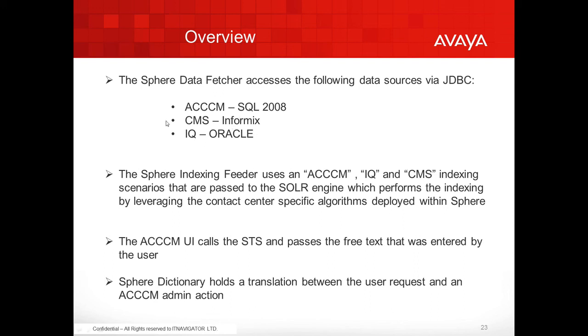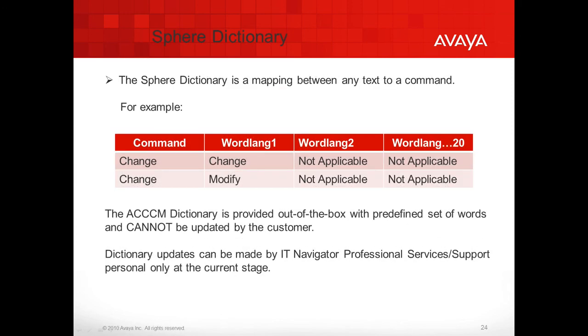So the new addition in release 7 is going to search for information using a specific syntax into the Informix database and the IQ environment. The dictionary is mapping any text command to a specific command. For example, a change command can also be a modify command, or an edit command, or an update.